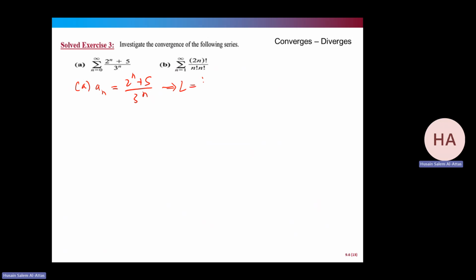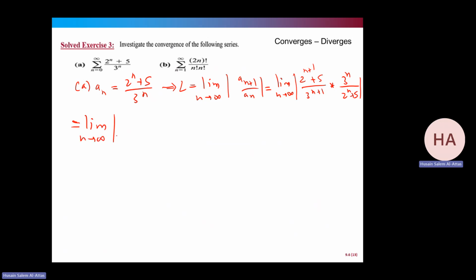So L will be the limit as n goes to infinity of a_(n+1) over a_n, which is 2 to the power n plus 1 plus 5 over 3 to the power n plus 1, times the reciprocal of that.